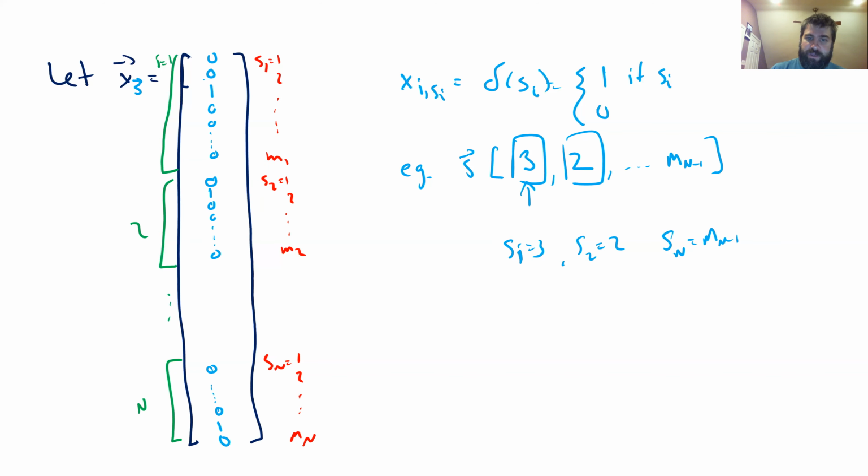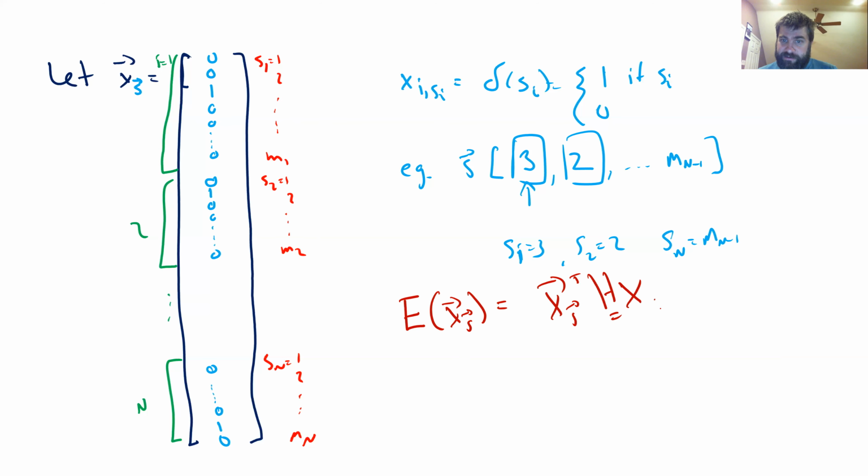And with this definition, we can then write that E of x_s can be written as x_s transpose H x_s.